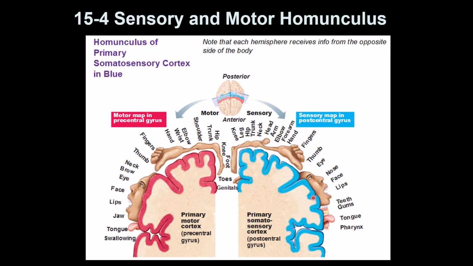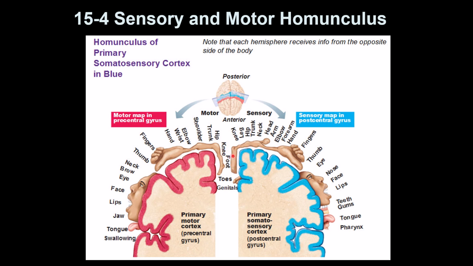Some areas have a bigger part of the cortex than other areas. You can see the tongue, the face and the hands. There are a lot of sensory receptors in these areas. So this is why a bigger part of the brain cortex is dedicated to those areas, which are very sensitive. But other parts of the body are not very sensitive, so it's a smaller area.